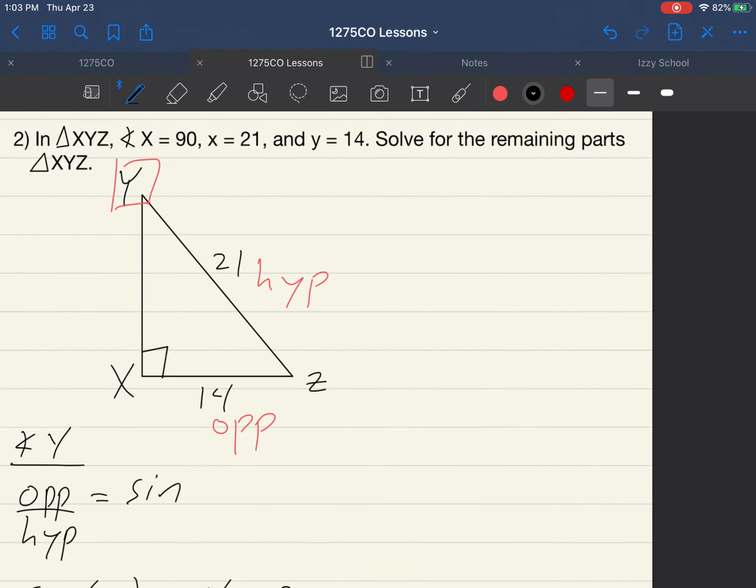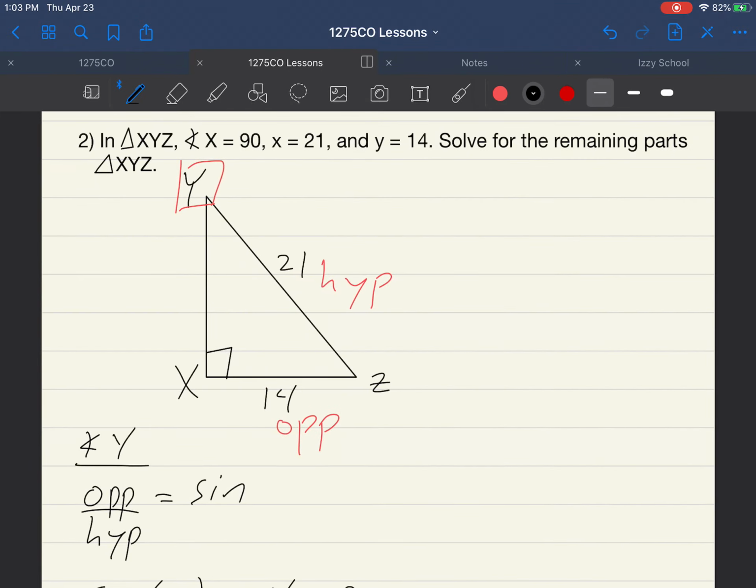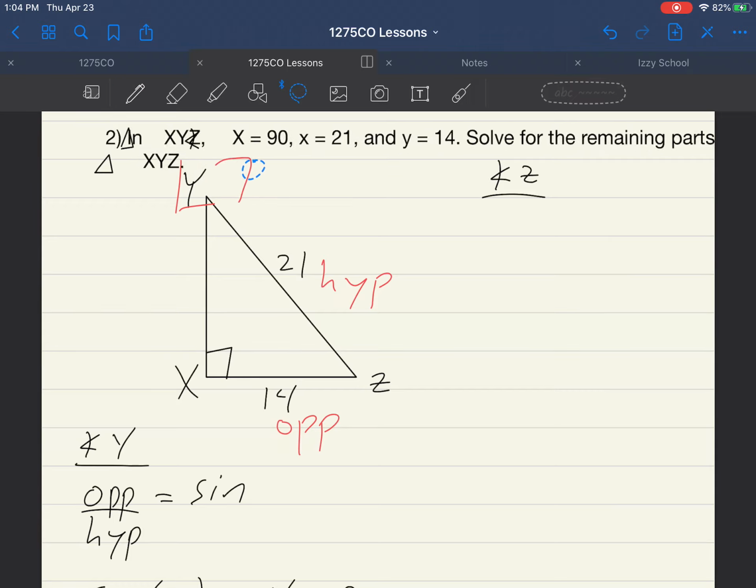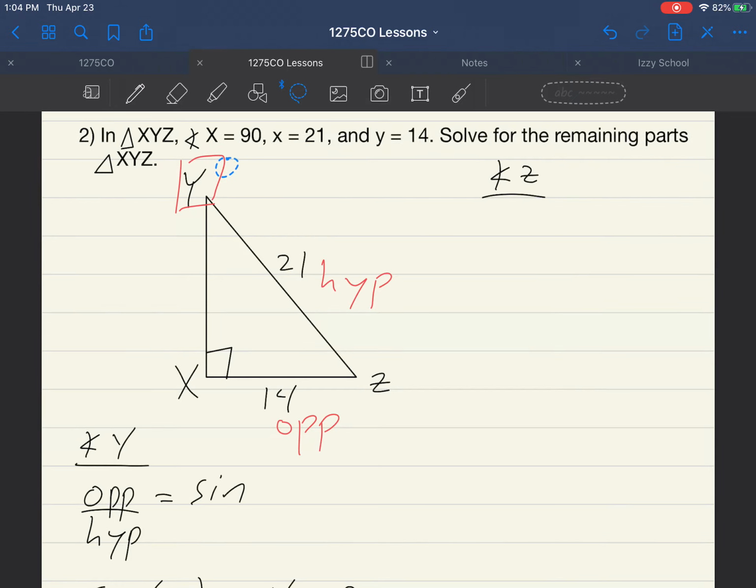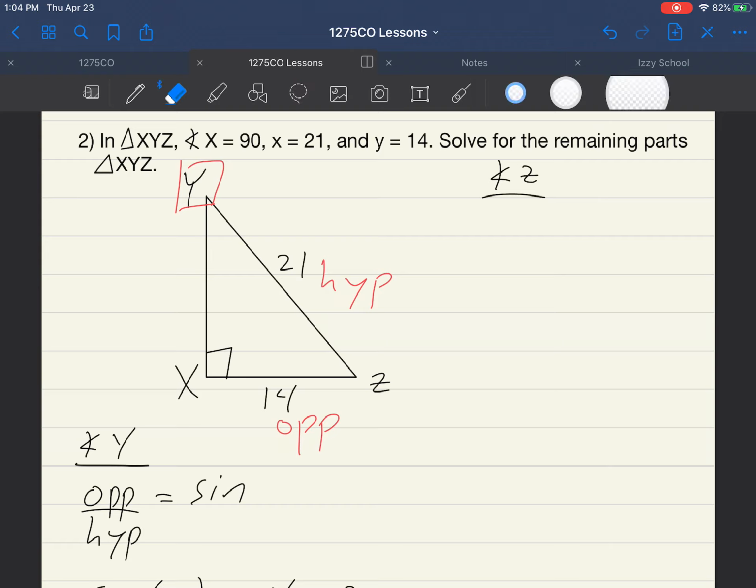Let's find angle z. And again, we like to use our given information instead of our calculated information. So let's erase this box. And let's put our angle of focus down here.